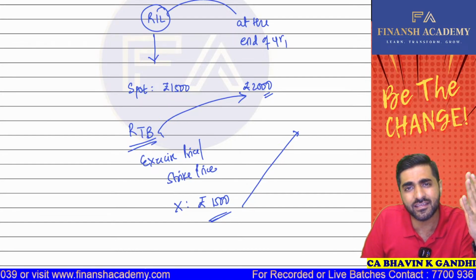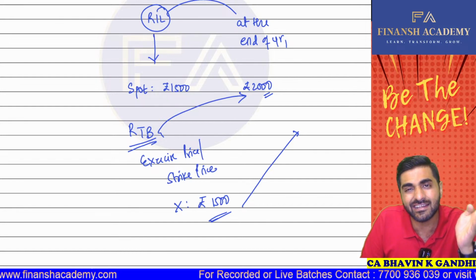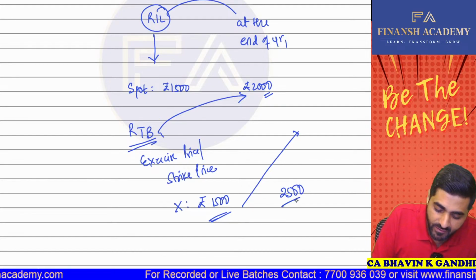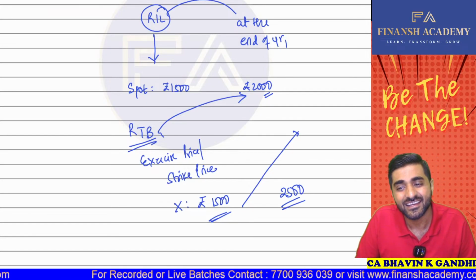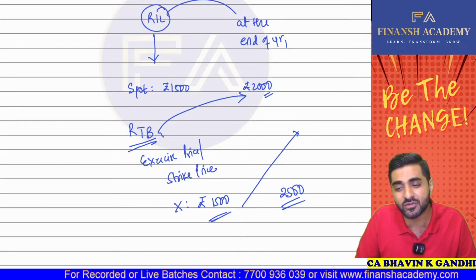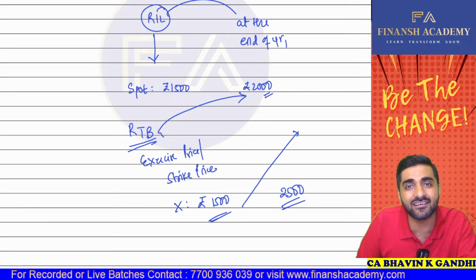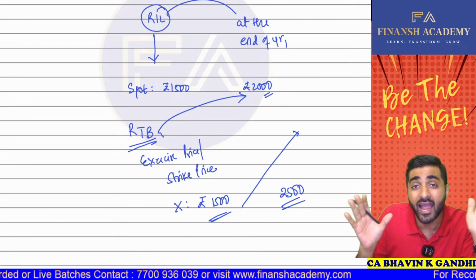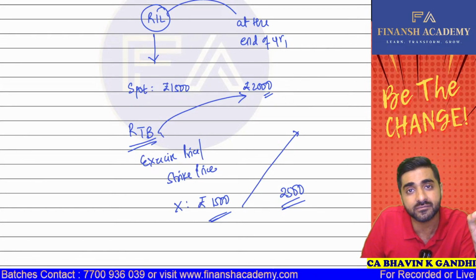So in this particular case, let's say, for example, the market price of RIL at the end of year one amounts to 2500. Then don't you think, my dear students, I will definitely execute the right? So what will happen in case of execution of the right? I will go to my option seller and I will tell them, let me now execute this right, and I am going to buy the shares from you at rupees 1500.